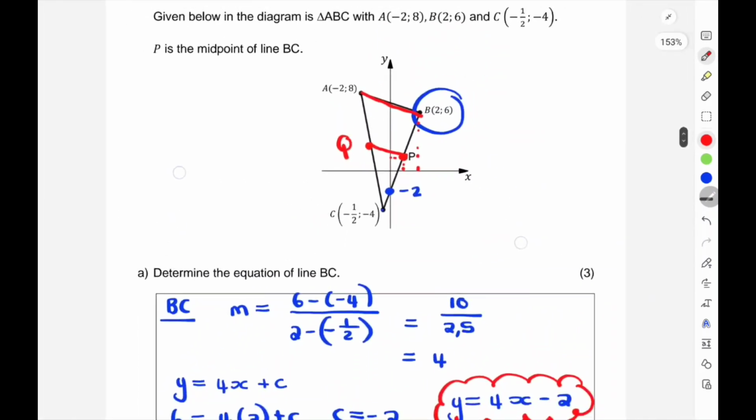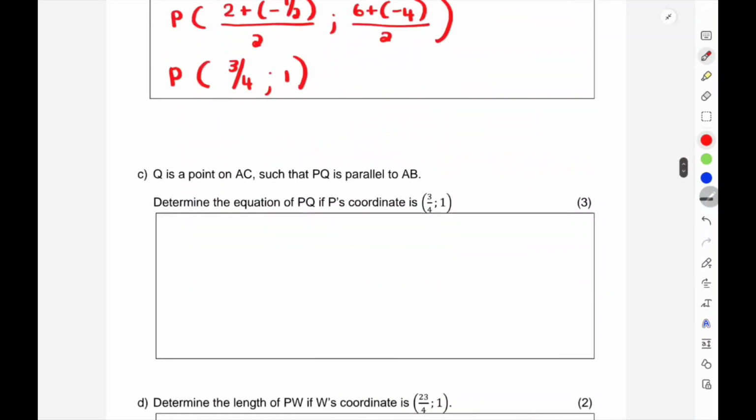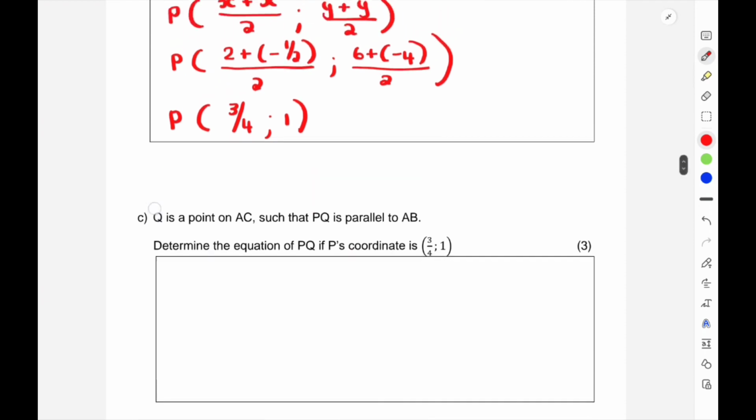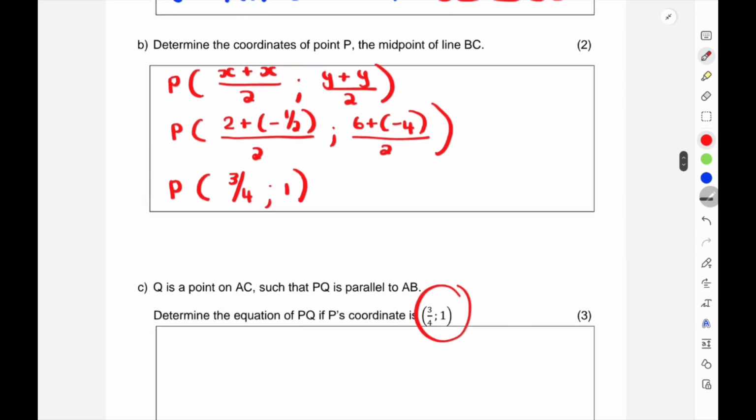Let me just make it bigger. So Q is a point on AC such that PQ is parallel to AB. Determine the equation of PQ if P's coordinate is, yeah, they give it to me, 3/4, 1.